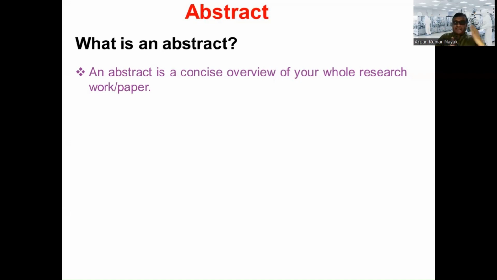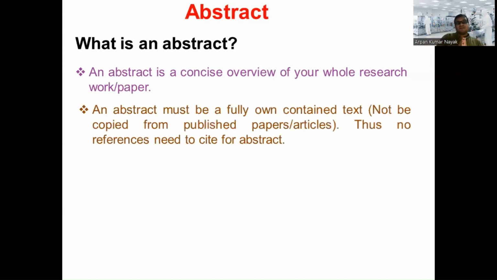So in this case, like in a title we take a few keywords, in an abstract we will take a few sentences. And that should be concise. So in an abstract, we will focus that it will be concise, attractive, and also informative.